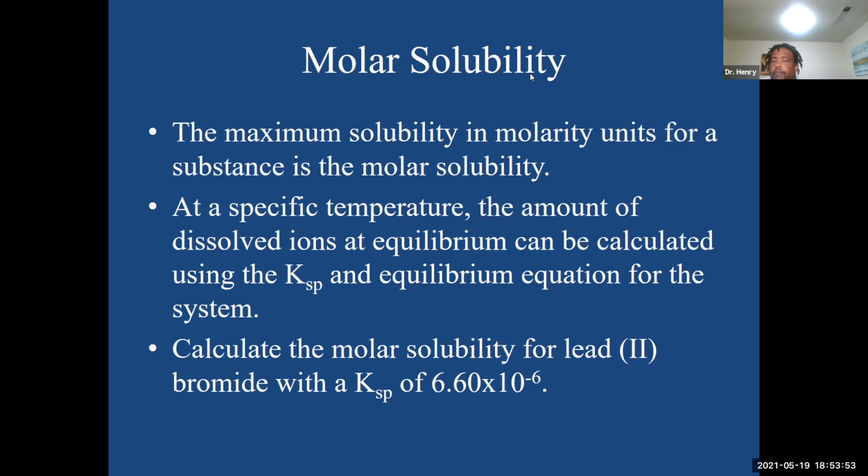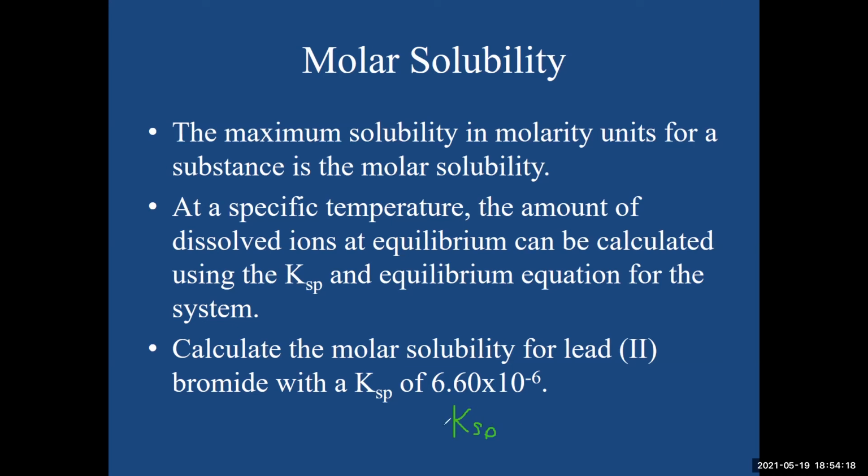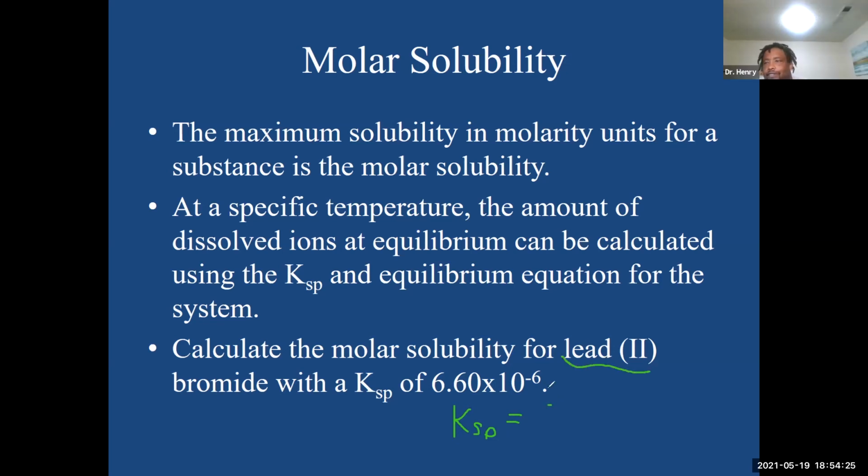Okay. So if we were going to calculate the molar solubility for lead 2 bromide with the KSP of 6.00 times 10 to the minus 6, all you're going to need to do is set up our equation. KSP is going to equal what? First, the lead 2 plus concentration.